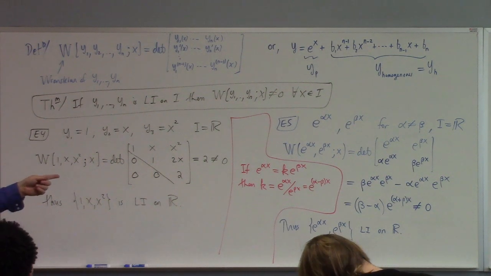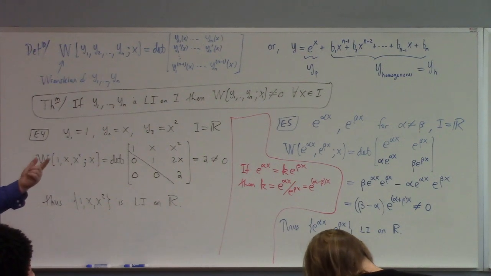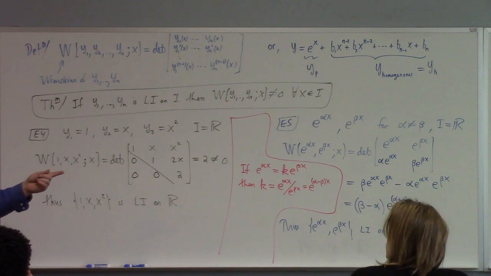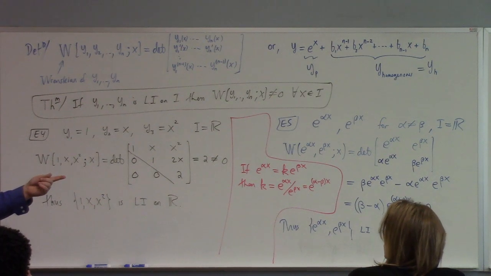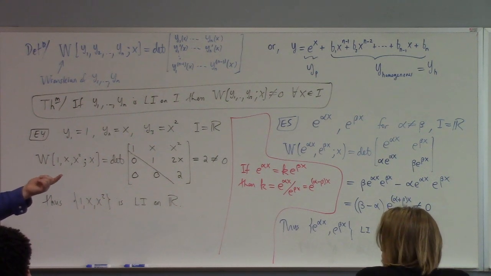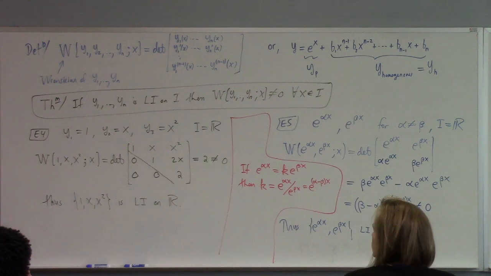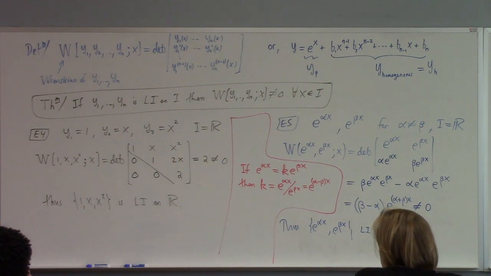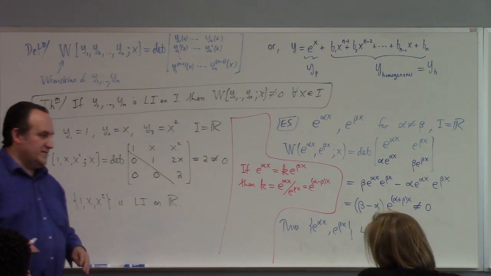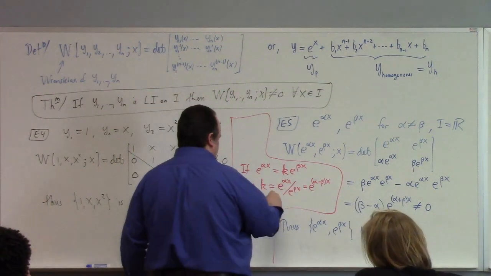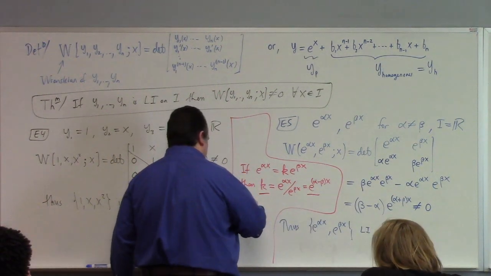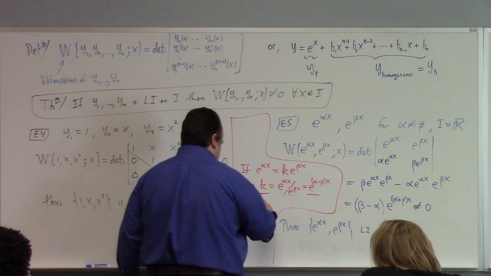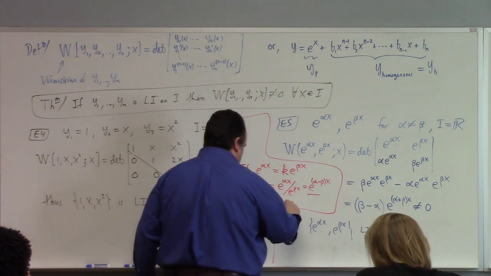If I differentiate that equation, I get the derivative of k is 0, but the derivative of the other side is (alpha minus beta) times e to the (alpha minus beta) x, which is decidedly non-zero, which gives you something 0 is equal to something non-zero, which is, of course, an absurdity. I don't require you to write all that. To me, this is enough. I go, okay, this equals that, which is impossible.